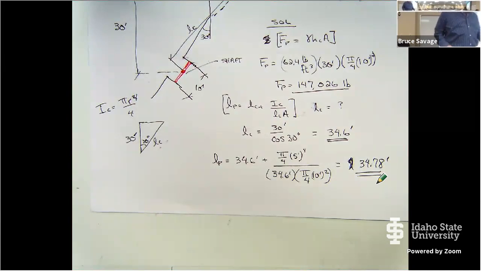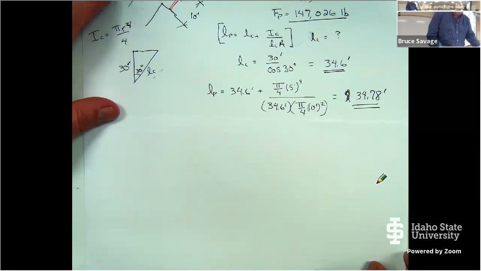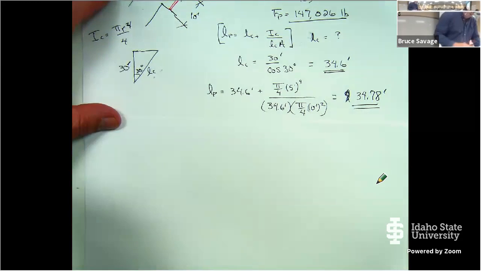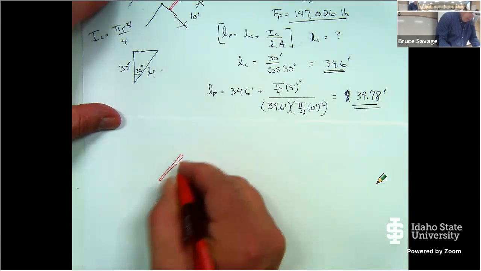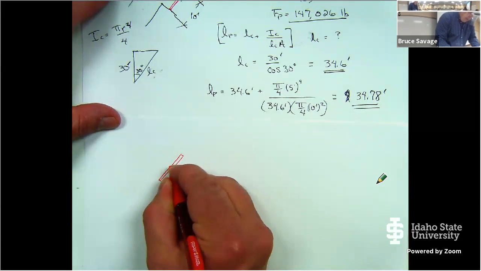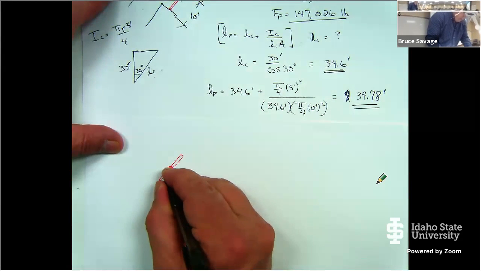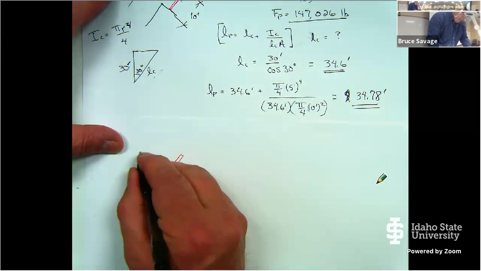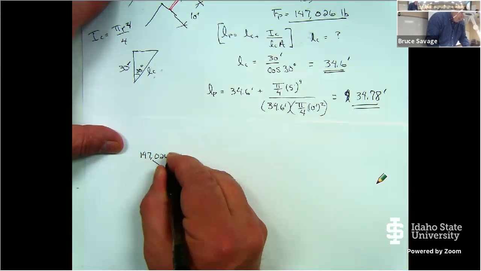All right, so now where do I take this problem from here? Well, if I go ahead and draw another free body diagram, I'm going to slide this up here. And I note that I have my gate, and acting on that gate is this force of 147,026 pounds.